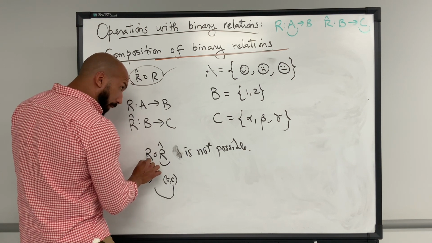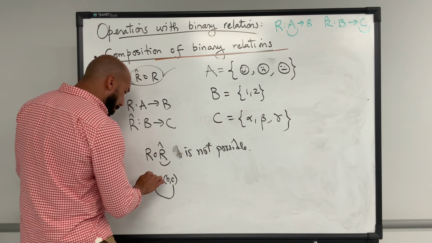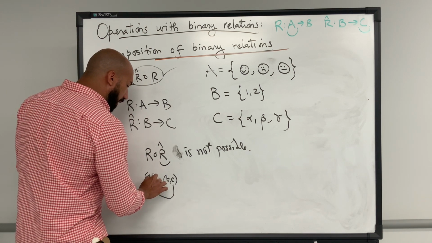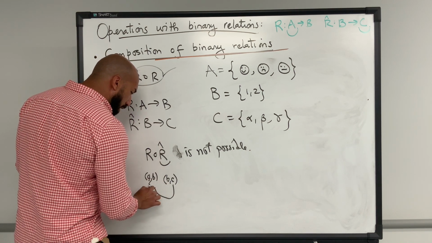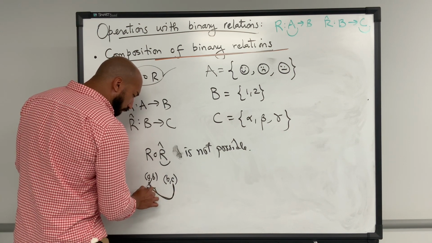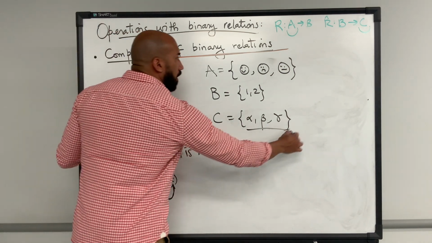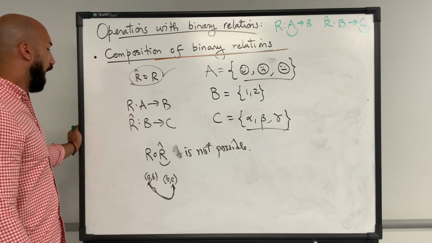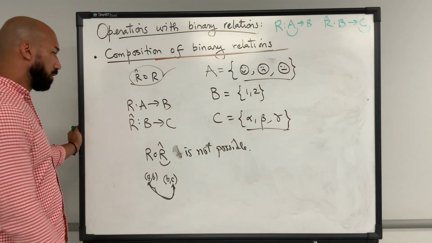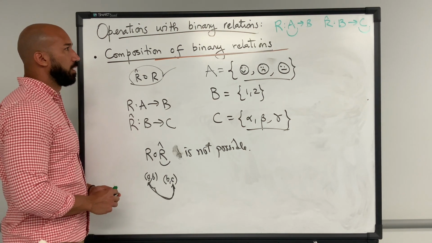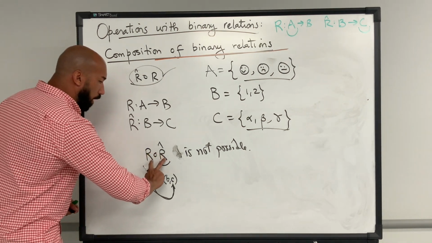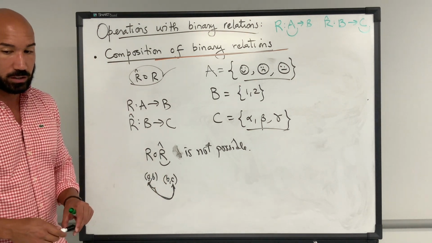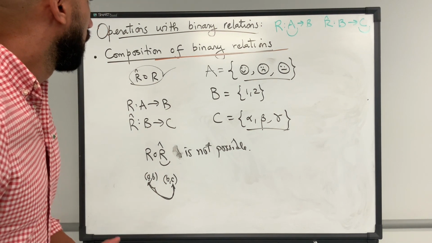But the pairs here, the first component is in A and the second component is in B. So the second here with the first here never match because these two sets have nothing in common. Is that okay? So this is an example in which the composition in a certain order is possible, but in the opposite order it is not. Okay?